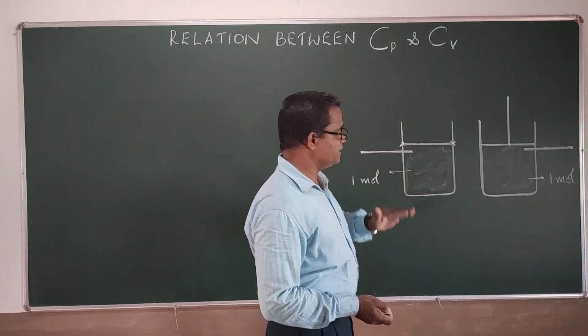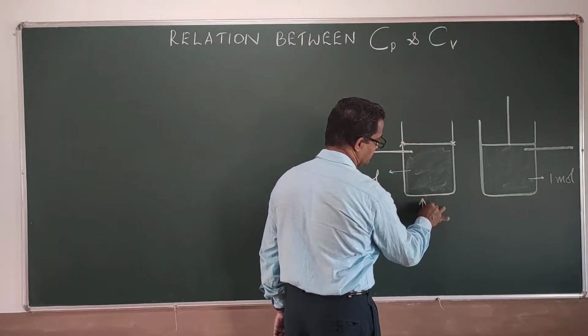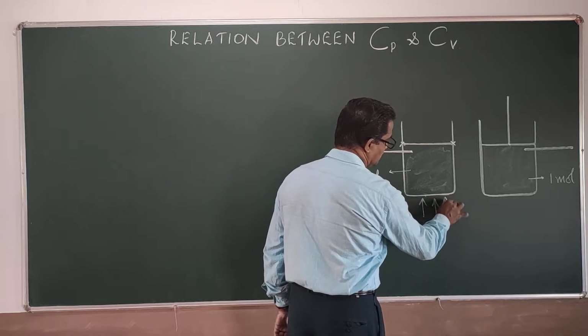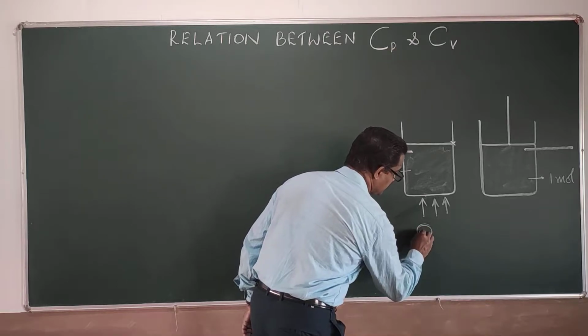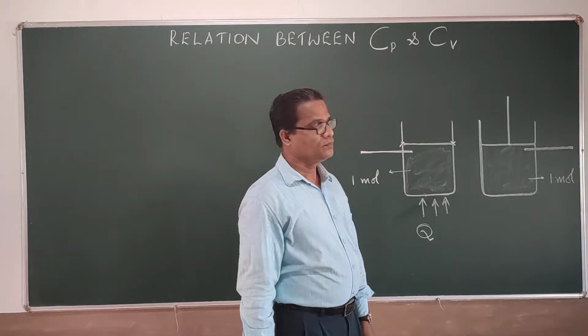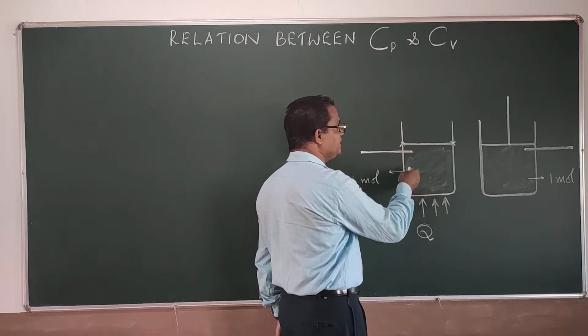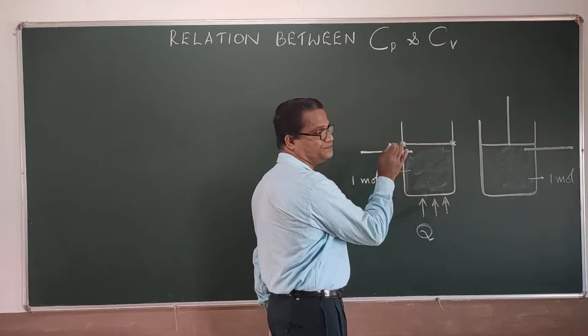Now in the first case, I am heating this gas directly, and I supply an amount of heat energy Q to this one, so that the gas is getting heated, but it is heated under constant volume.